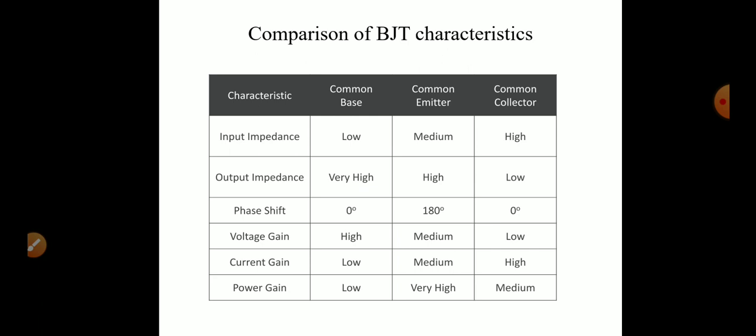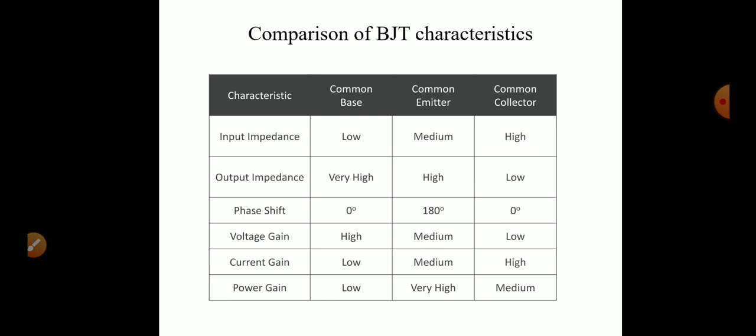Next one is the comparison of BJT characteristics. In this topic, we are going to compare the common base, common emitter and common collector characteristics. Here we take the characteristics of input impedance, output impedance, phase shift, voltage gain, current gain and power gain. These are the parameters we are going to compare among the common base, common emitter and common collector.